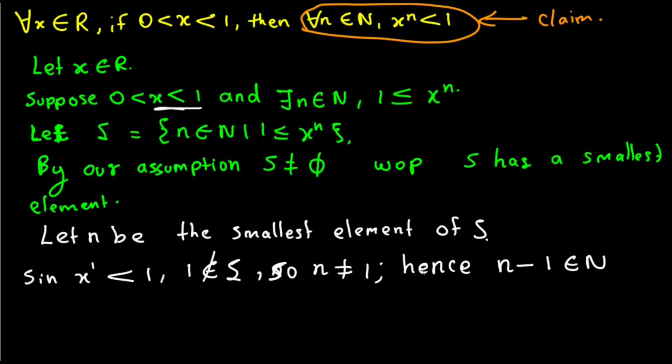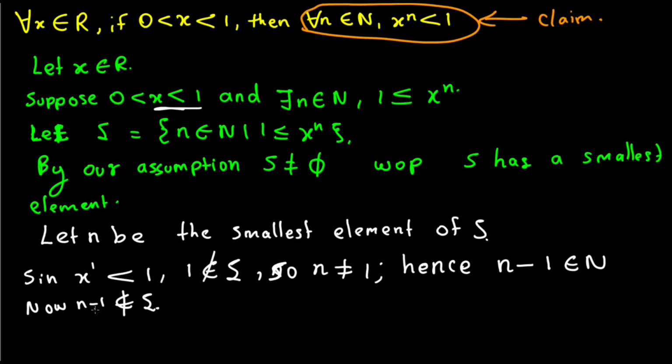If we can prove a natural number that contradicts this statement, then we can say this statement is wrong. It automatically means the original proposition is correct. Okay, n minus 1 belongs to the natural numbers. Now n minus 1 does not belong to the set, because n is the smallest element.